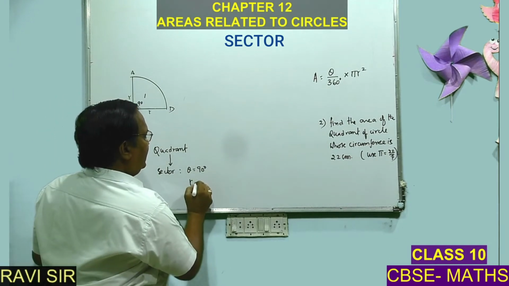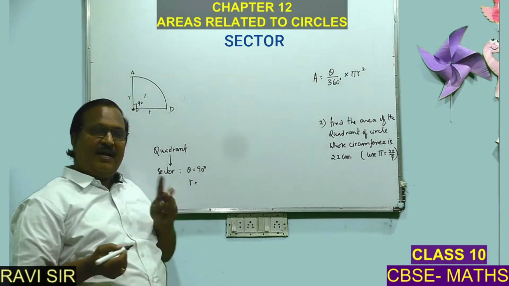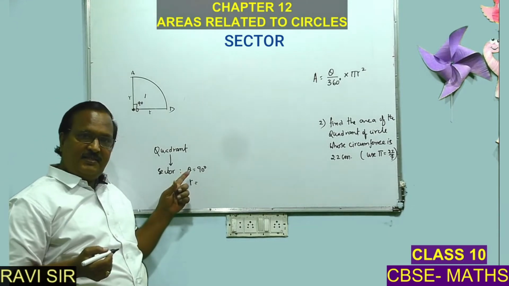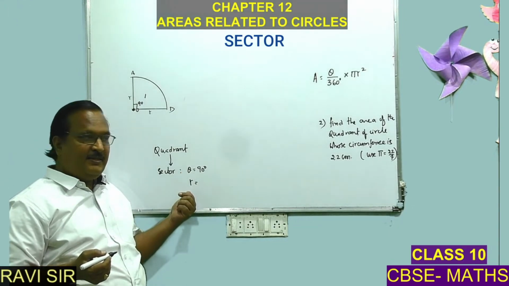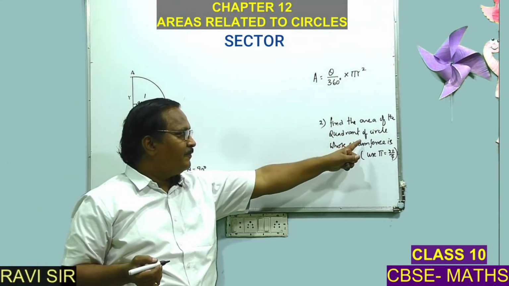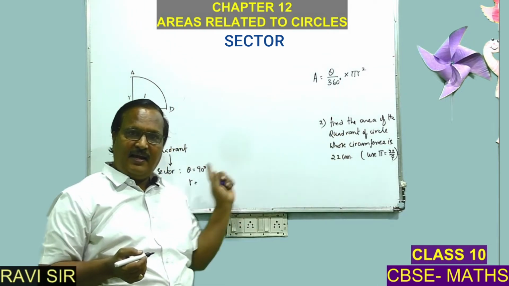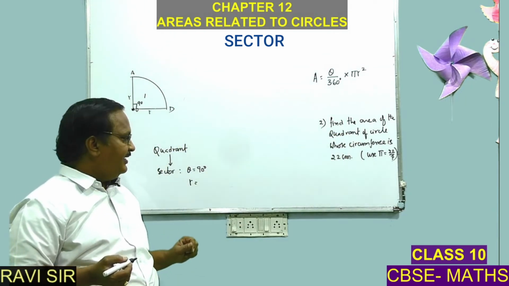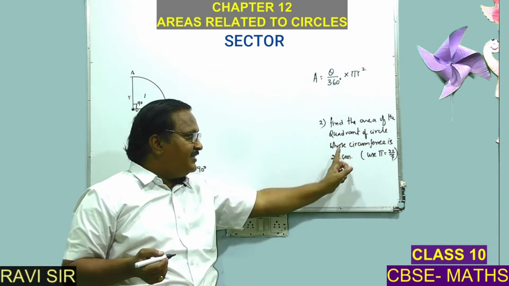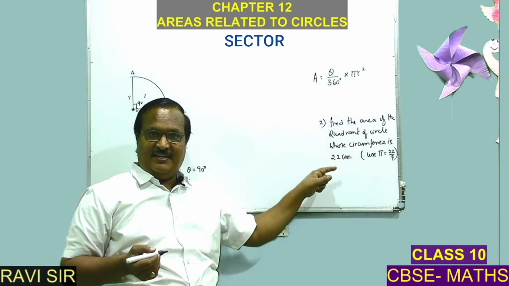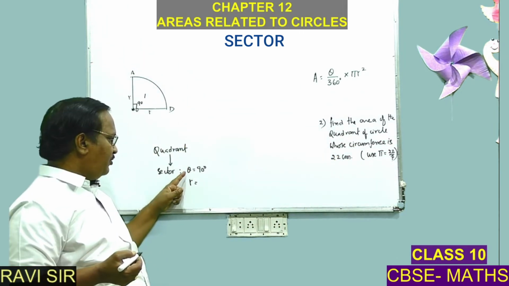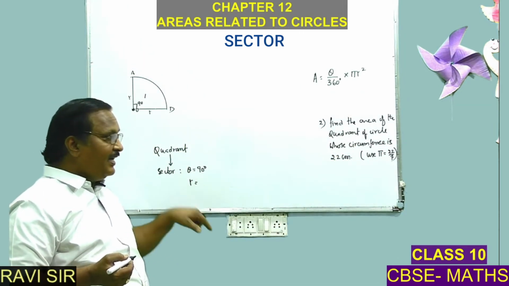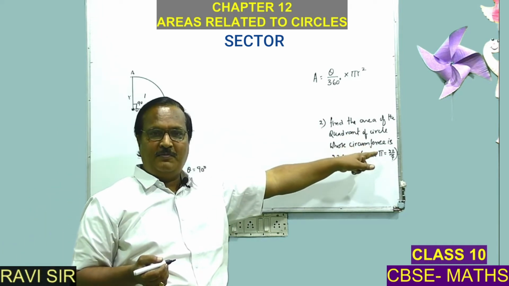And radius also we need, because sector will have 2 dimensions. One is the angle, the other one is radius. So, radius is not there in this. Quadrant, indirectly angle is given 90 degrees. Okay. Circumference is given, indirectly radius is given here. So, both dimensions, both theta and radius indirectly given in the problem.